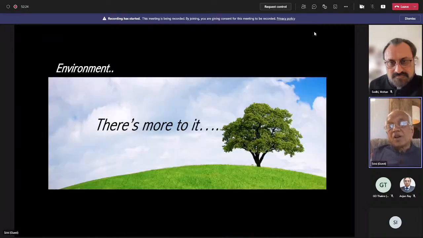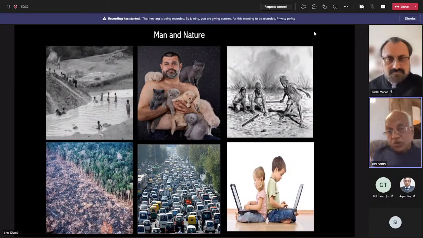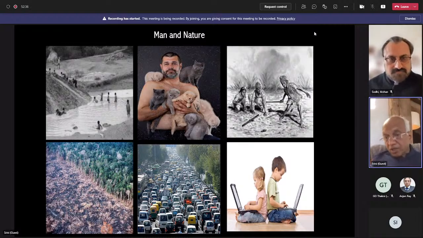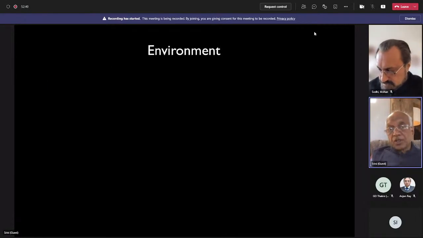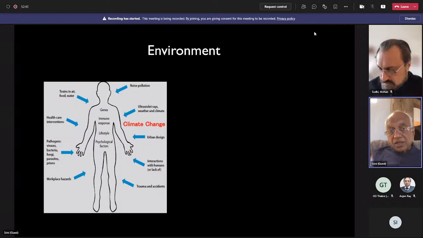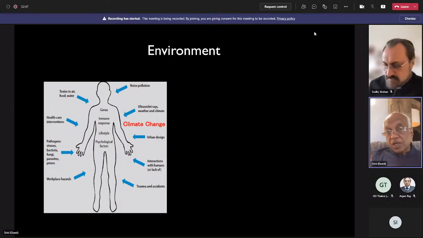There has been a lot of change, but there's more to it. This is one way of looking at the environment. We were very close to the environment. We spoiled it, we polluted it, and we spoiled our own environment of being with others. But what I described now is the external environment.